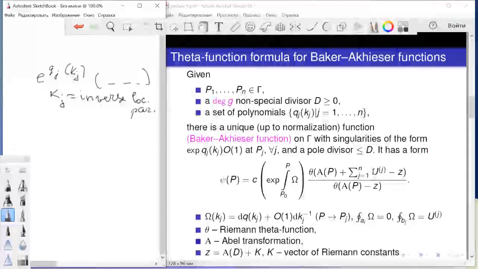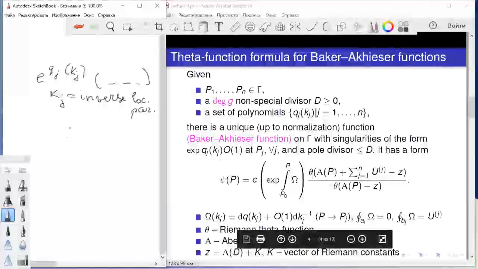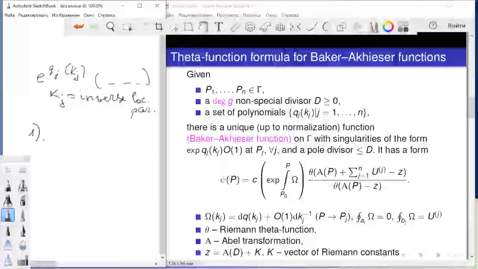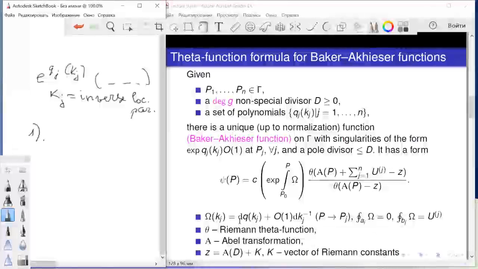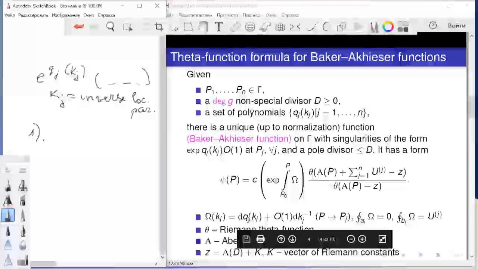Let me comment later on U upper J. First of all, omega here is a unique meromorphic differential on gamma such that, first, locally and asymptotically it's equal to the differential of the corresponding polynomial.